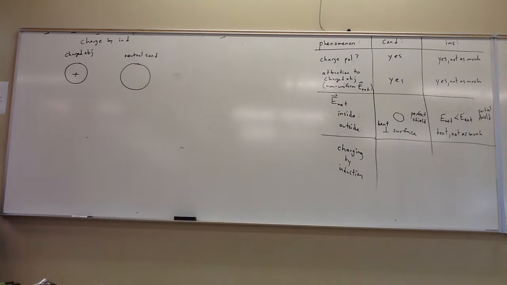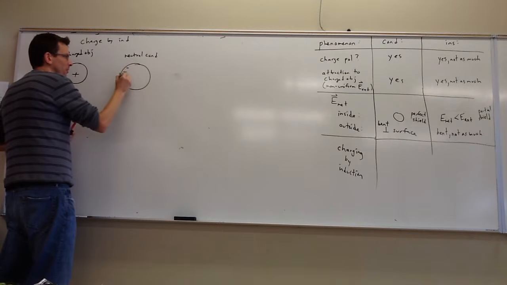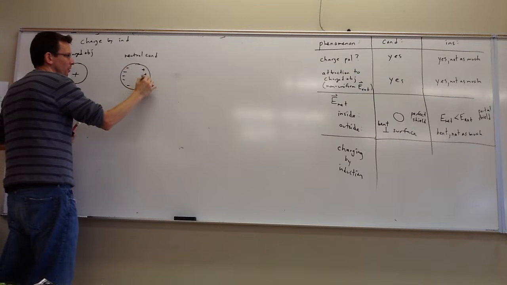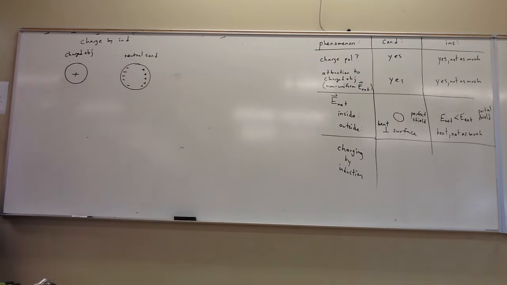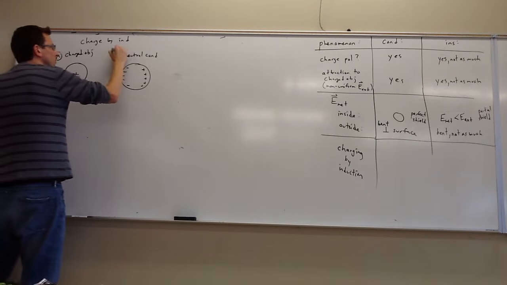All right? So what happens? Well, we know that the neutral conductor will charge polarize in the presence here. So it'll be minus, minus, minus over here, some plus over here, but that's not charged yet. That's just charge polarized. That object is still neutral. In fact, let me label these. I'll call this A and B just for reference.